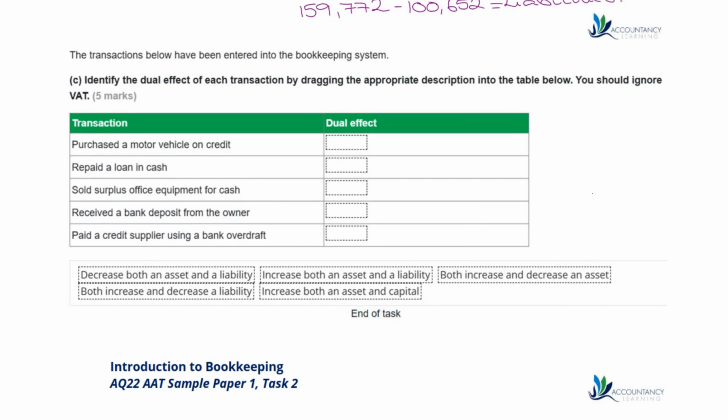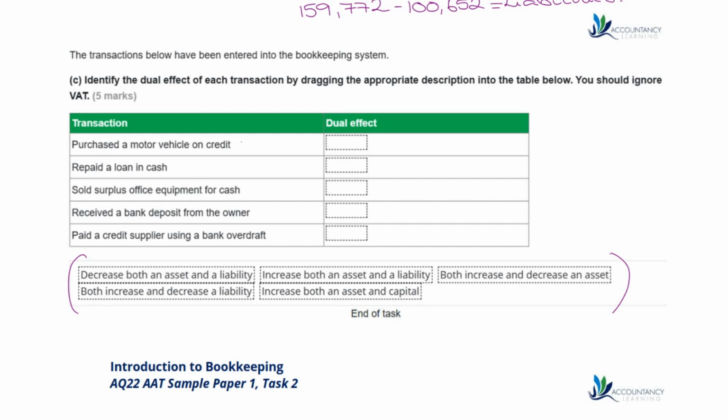The transactions below have been entered into the bookkeeping system. Part C asks us to identify the dual effect on each transaction by dragging the appropriate description into the table below. You should ignore VAT. So we've got a lot of choices at the bottom here, and you can drag them in your exam. So we've got purchased a motor vehicle on credit.